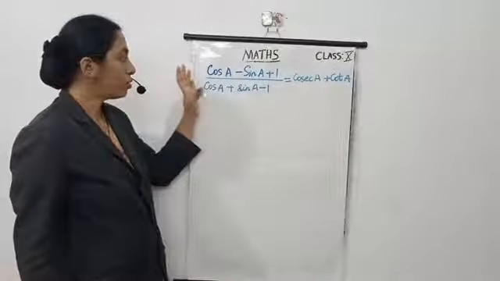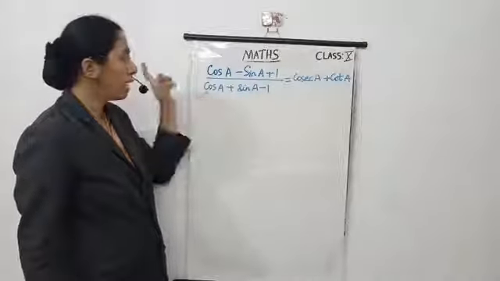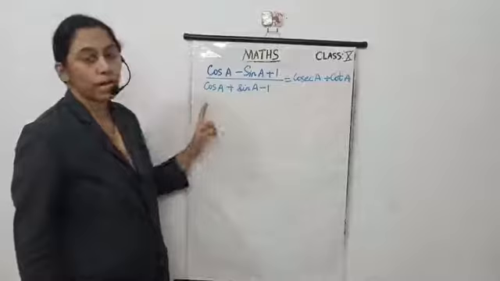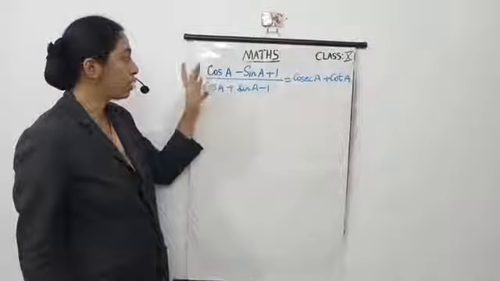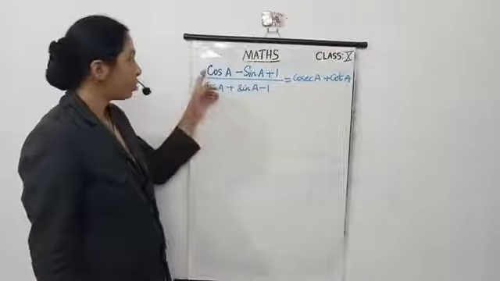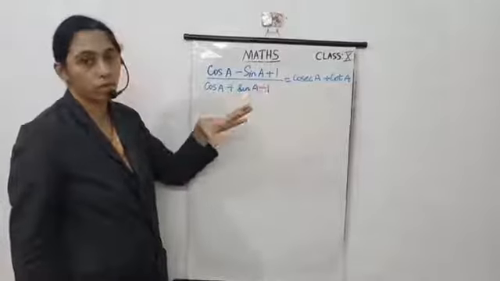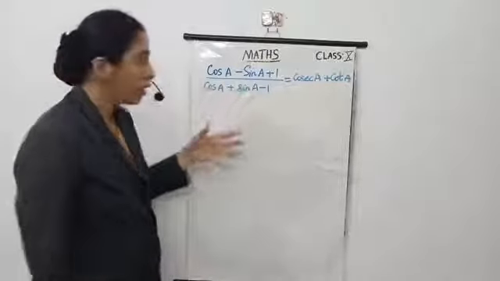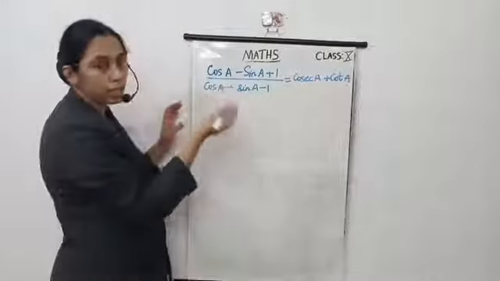So we need to convert these like cosec and cot. So divide both the numerator and denominator with the sin A. Okay. So cos A by sin A we get cot. Then 1 by sin we get cosec like that.